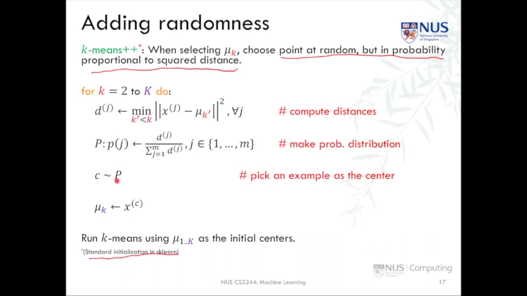Then we're going to pick a point at random from this weighted distribution. Compared to the furthest first heuristic, which always picks the most distant point, we just are weighting the furthest distant point with a larger probability of selection. Once we've picked a point, we're going to use that as the center for the k-th cluster's initialization.